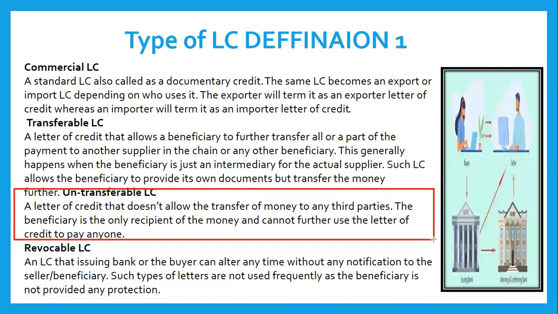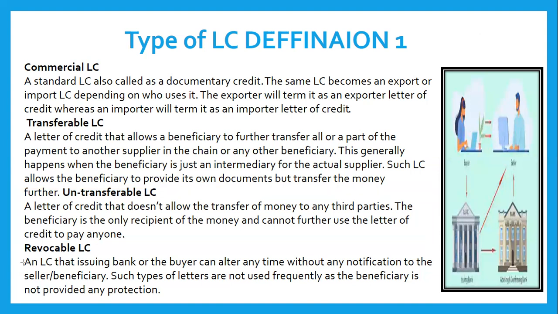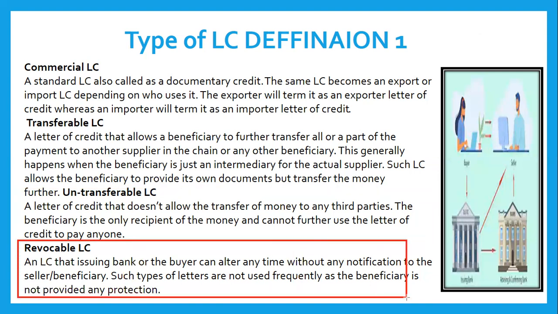Now we will discuss the fourth kind of letter of credit, which is the revocable LC. A revocable LC is an LC that the issuing bank or buyer can alter any time without any notification to the seller, the beneficiary.